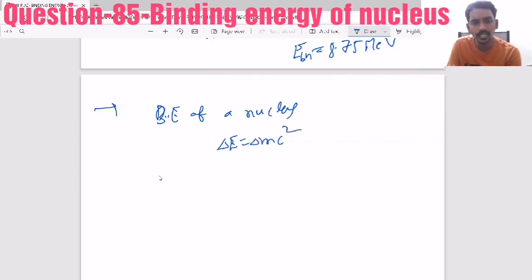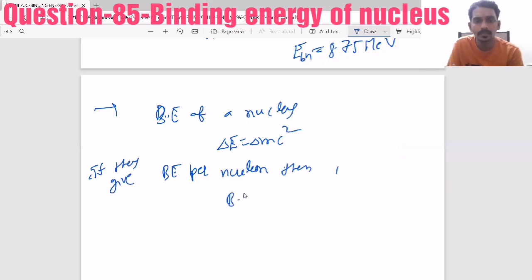Or they may give the binding energy per nucleon, and then the binding energy will be EBN times A. And sometimes they will give a nuclear reaction.